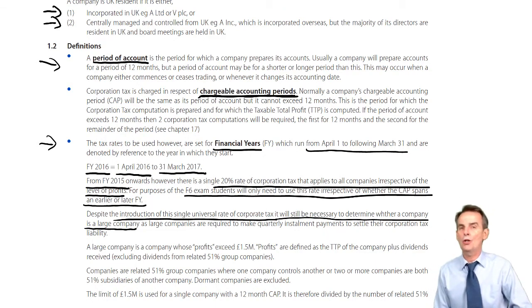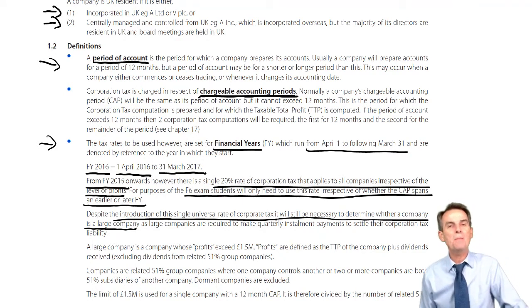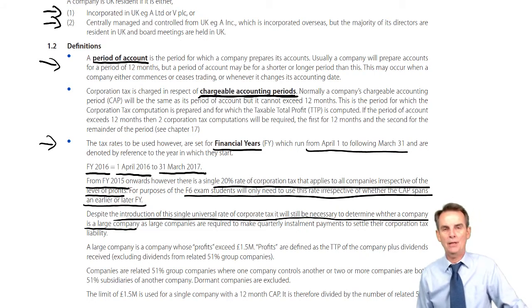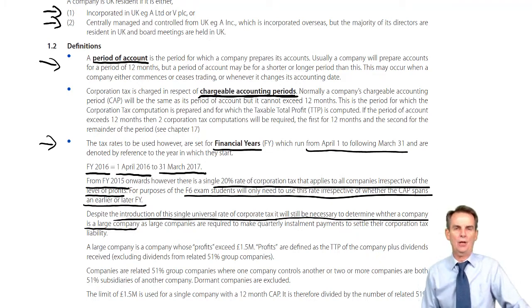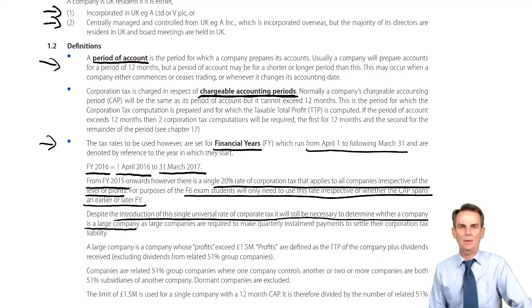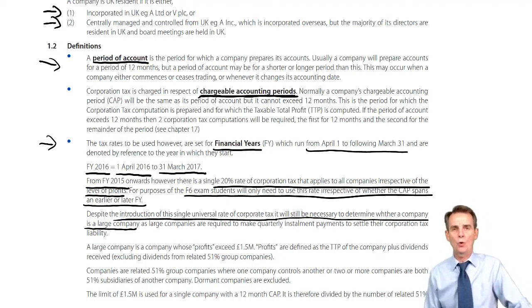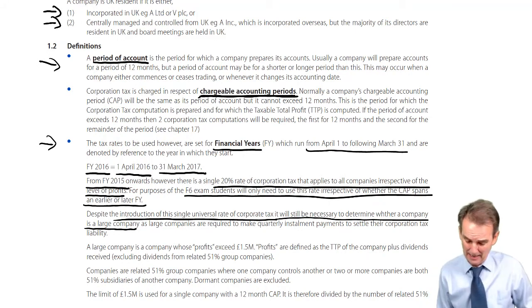But if companies are large companies, then they may be required to pay that corporate tax in a different way. So it is important for us to be able to determine, if we're asked to state when and how a company will settle its corporate tax liability, when the tax will be payable, whether or not it is large, and that's what we need to look at now.